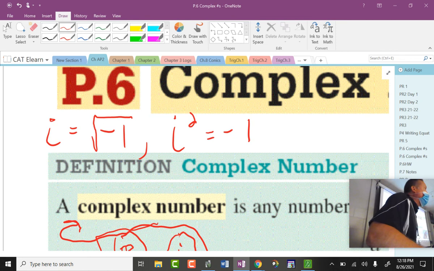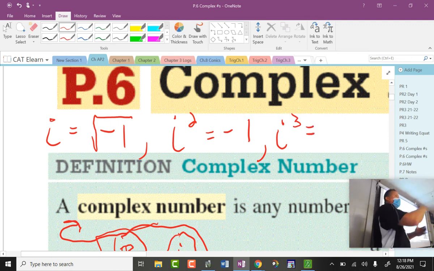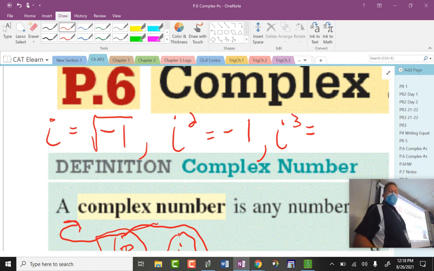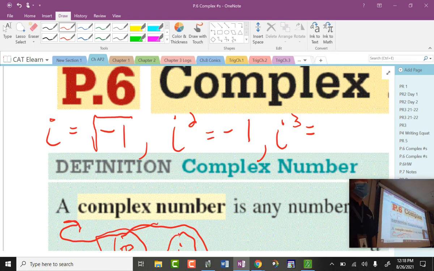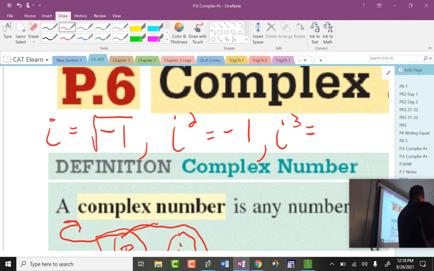Big difference. Okay, so now let's take what is i to the third. This is worth going through. It just shows that i to a power is cyclical. You should know i to the third is i squared times i. Everybody, what's i squared equal to? -1.